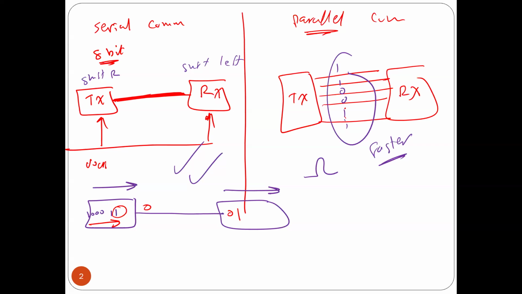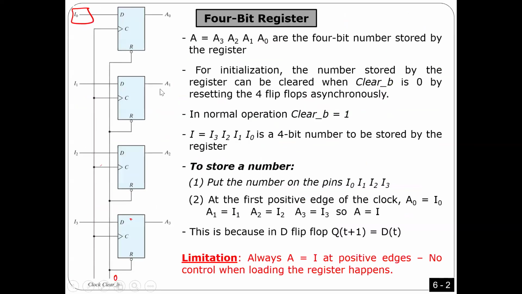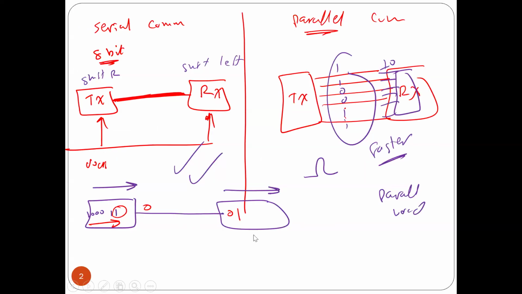But I just want to talk about the role of the registers here. What I'm doing here is actually a parallel load. If I want to implement this idea in hardware, then at the receiver there should be a parallel load. So I0 should be connected here, and I need to use this register. These inputs are coming from the parallel side, and here I can use shift, which is when you shift bit by bit.